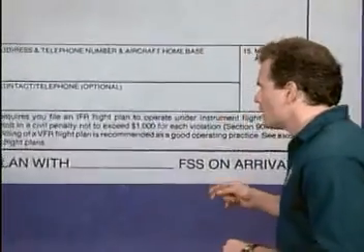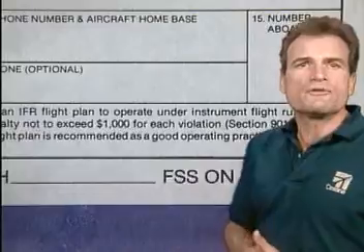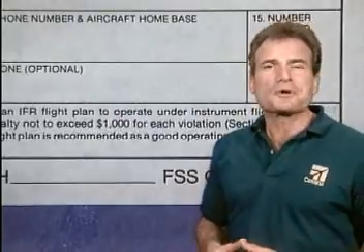In there, you write the name of the flight service station you will call to close your flight plan. And usually when you file your flight plan, they will give you the name of that FSS. Another good idea is to give the flight service station a destination telephone number.